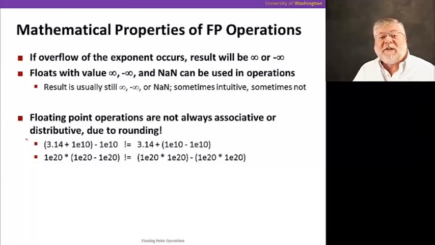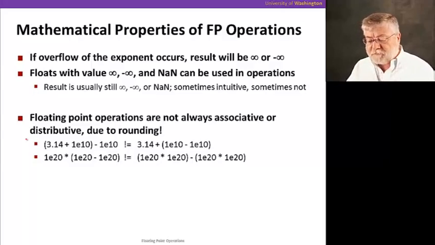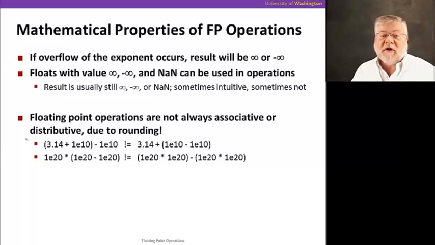Floats that start off with the value positive or negative infinity, or not a number, can be used in operations, but the results usually end up staying positive or negative infinity. So again, our hardware has to be designed to detect these numbers and do something different than it would otherwise do. This makes the design of floating point units and CPUs one of the hardest jobs of the logic design of the machine itself.